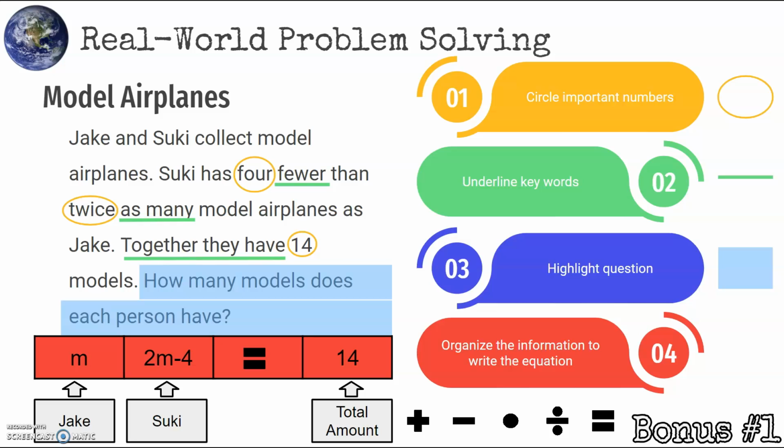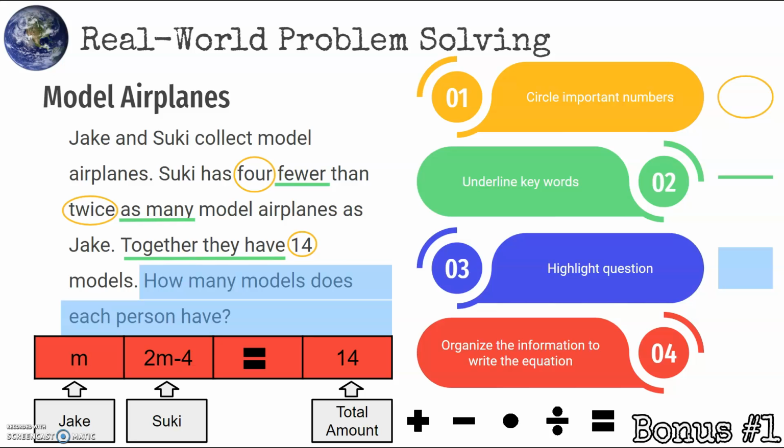Then 2 times as many planes as Jake. If we're not sure how many Jake has and we're saying Jake has M, Suki has 2 times that amount minus 4. Because she has 4 fewer than 2 times as many, which means she doesn't quite have 2 times as much, but we're closer to that, and that's why it's worded the way it's worded.